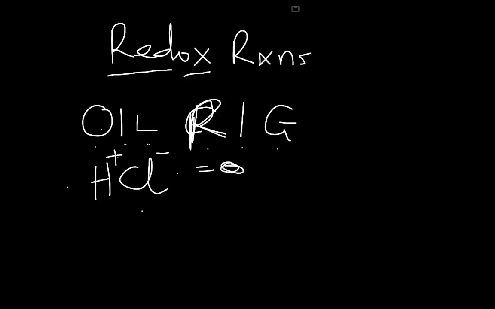Let's look at another example: potassium permanganate. What is the oxidation number of each of these elements in this compound? Let's start with oxygen. In our third rule, we assign -2 to oxygen.